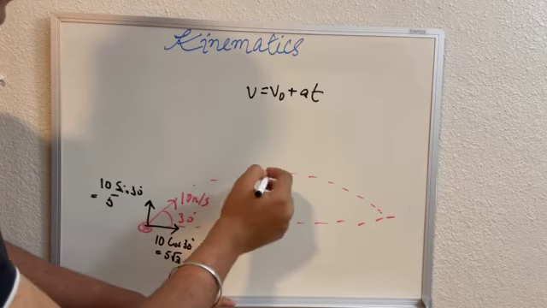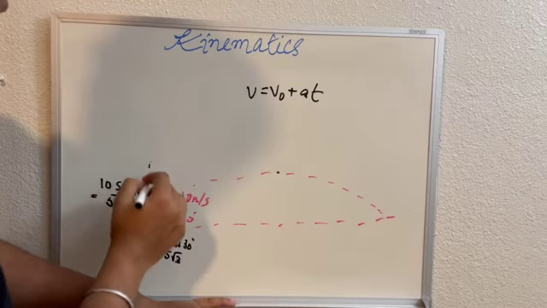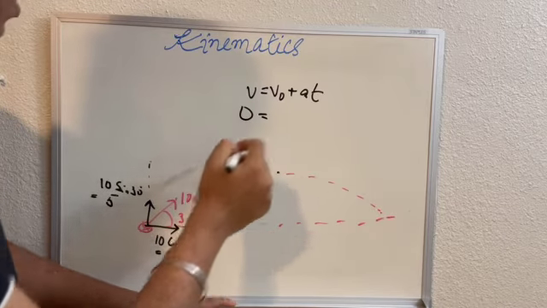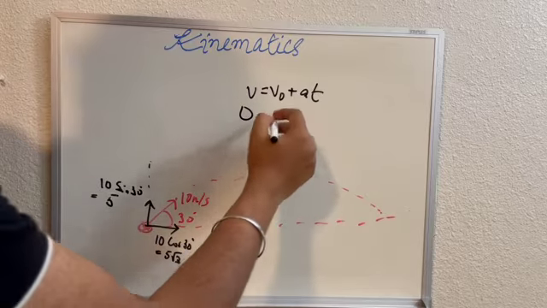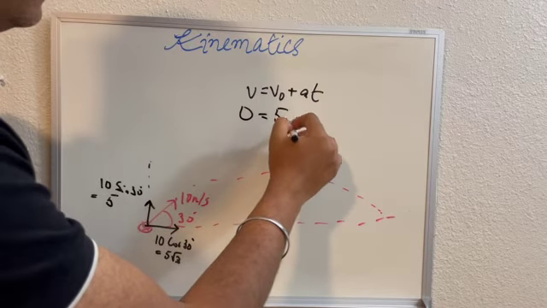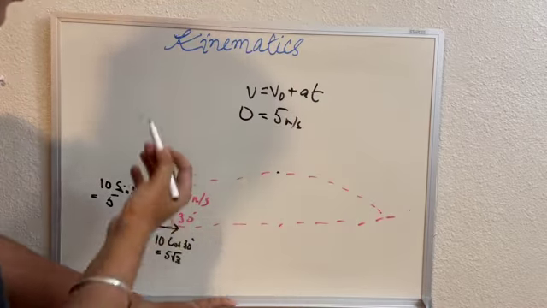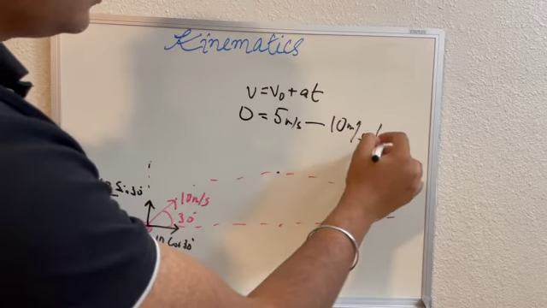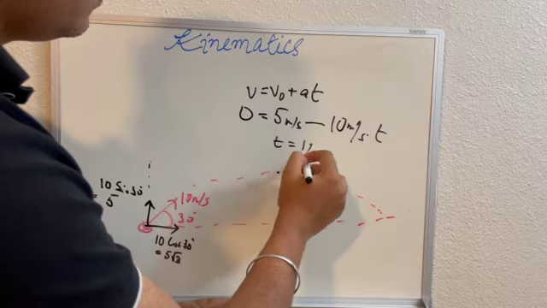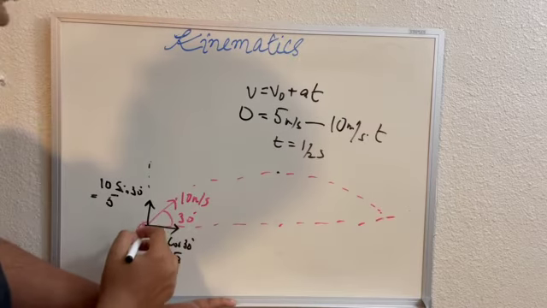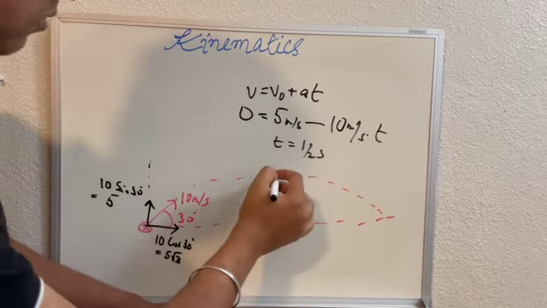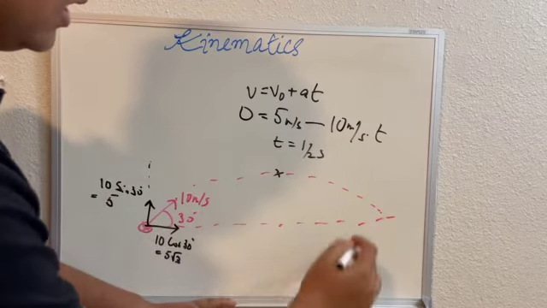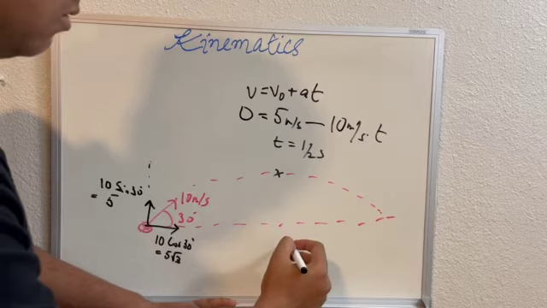We know the final velocity at the top in the vertical direction is 0. Initial speed is 5 meters per second. Because it's moving up, it's acting against gravity, so minus 10 meters per second squared times t. So t is half a second. It takes half a second for the ball to reach the top, and another half a second to come down. So the total time in which the ball is in the air is 1 second.